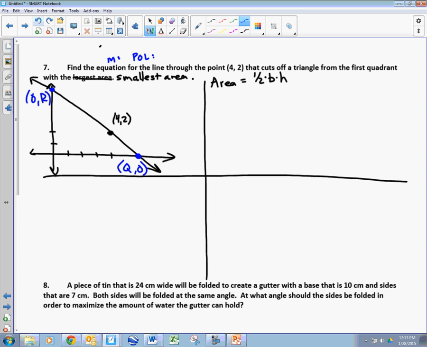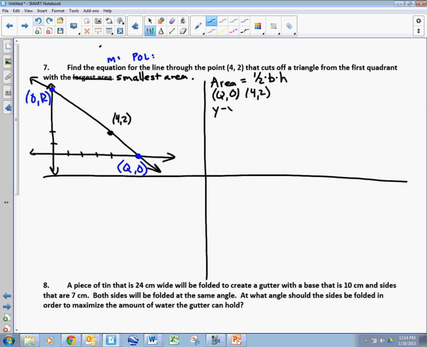So what I need to do is come up with a function of slope. So I'm going to use these points 4, 2, and Q and R in order to come up with an equation for m. And watch how I do this. We're going to do two lines. We're going to do one for q, 0 and 4, 2.